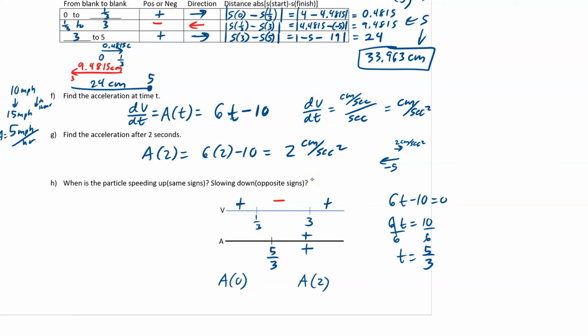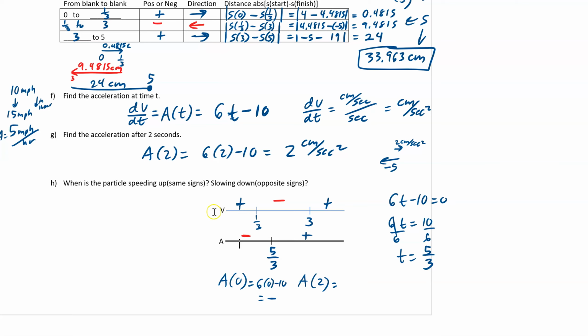Let's put it up here, positive. And so what did we get for 0? If I plug in 0 into this function, a of 0 would be 6 times 0 minus 10. It comes out negative. So that means our acceleration is negative from 0 to 5/3, and it is positive from 5/3 on.